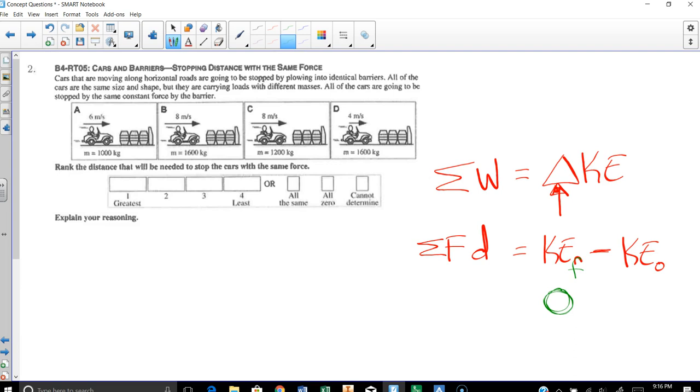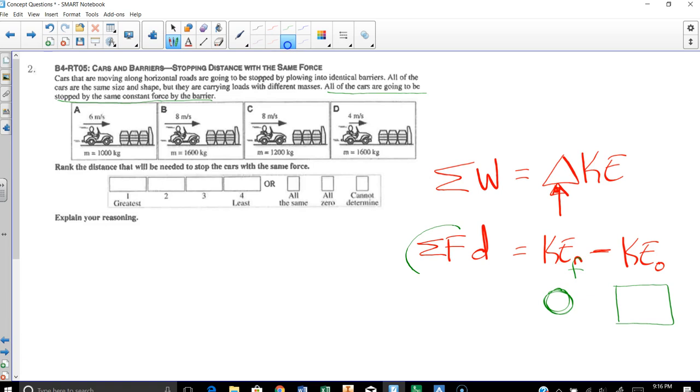Now, they have different masses and different velocities, so there's going to be a variation in initial kinetic energy. Let's read the problem carefully. This is the sentence I want to focus on: all of the cars are going to be stopped by the same constant force by the barrier.